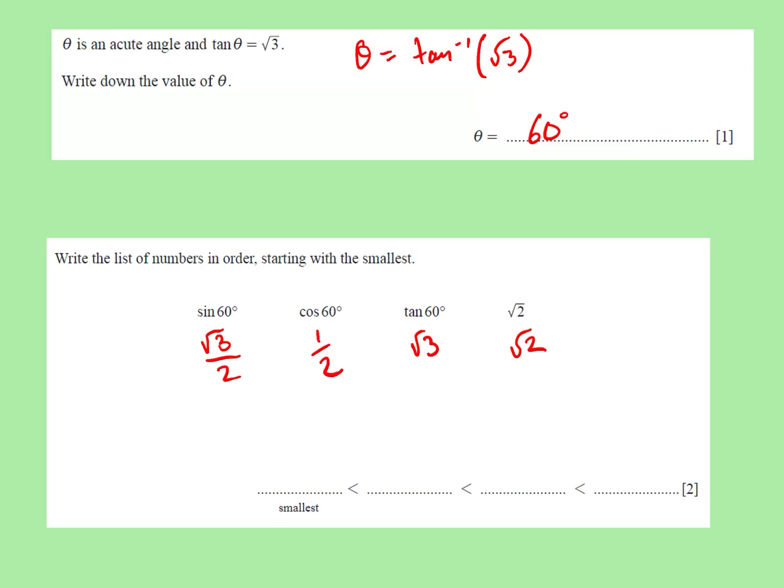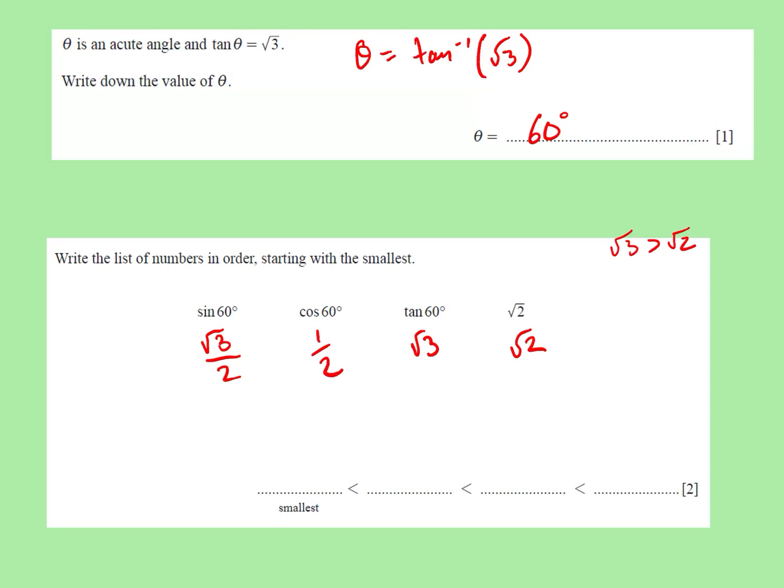So all we need to do is decide which one is the biggest. Now what we obviously know is root 3 is bigger than root 2. But is root 3 over 2 bigger than root 2?